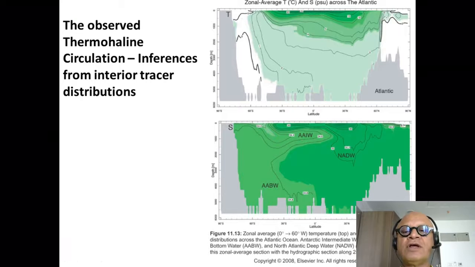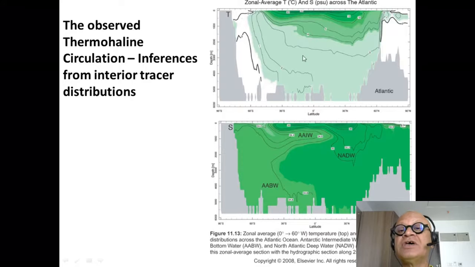You look for evidence in temperature distributions, salinity distributions, identify water masses and where they would have come from, and look for tracers which are conservative and are taken up at the surface and follow the water masses for a long time because they have no other sources and sinks in the ocean.